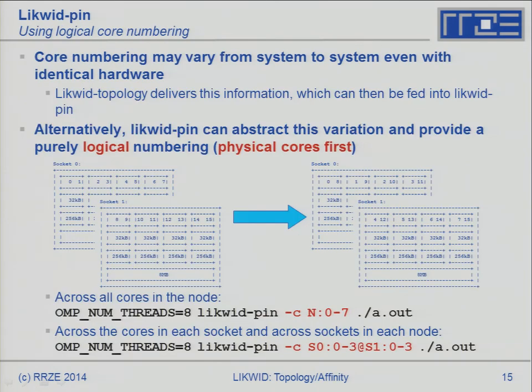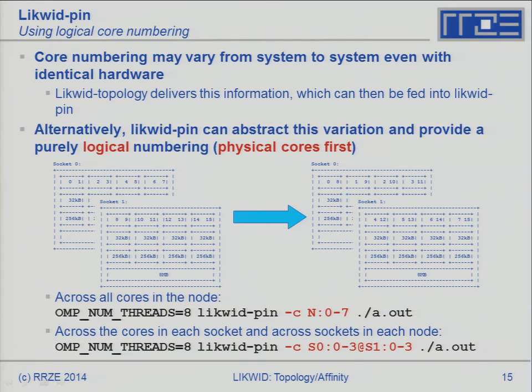Okay, now about the logical pinning. As I said, you could have in the same hardware different ways of numbering the cores. Here, for example, you have a 2-socket system with 8 threads, 4 cores on each socket. And here in this case, the hardware threads are numbered consecutively, so 0 and 1 are on the same core, 2 and 3 on the same core, and so on.